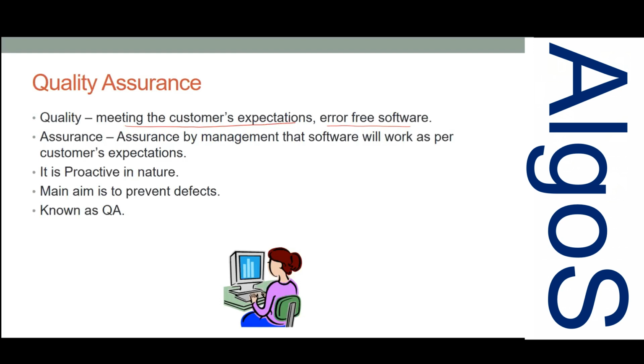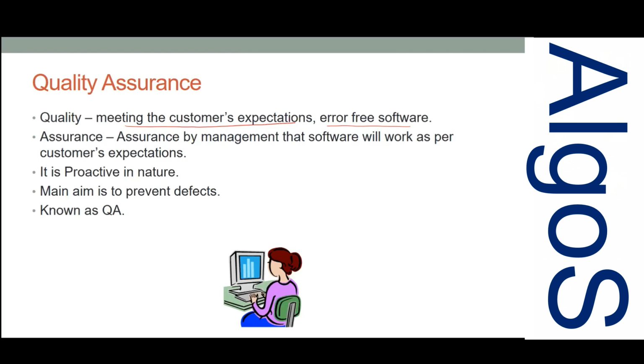By giving this assurance to the client, you are making an image in the client's mind that if this project is given to this Infosys company or some other company whose developers are Microsoft certified, they're going to give the software project to the right set of people. They are the people who know their work.